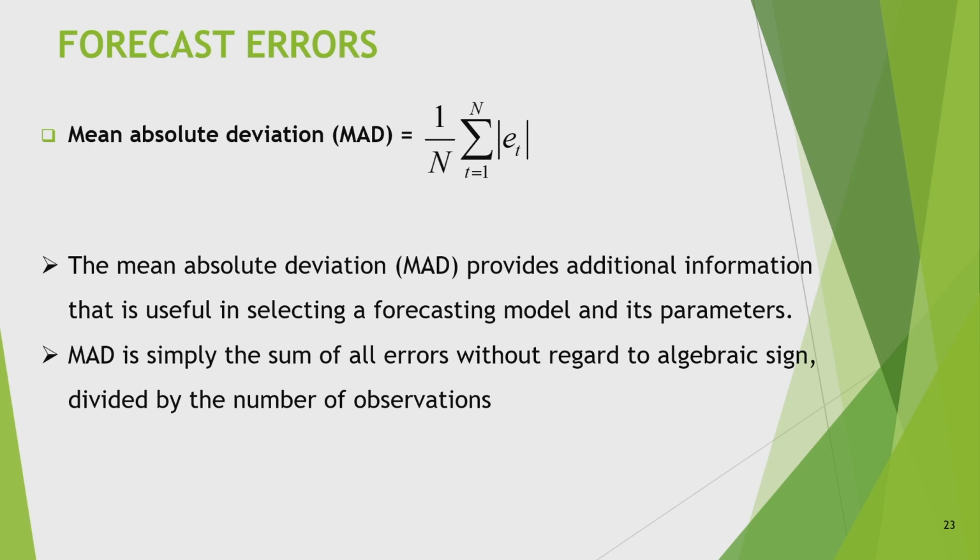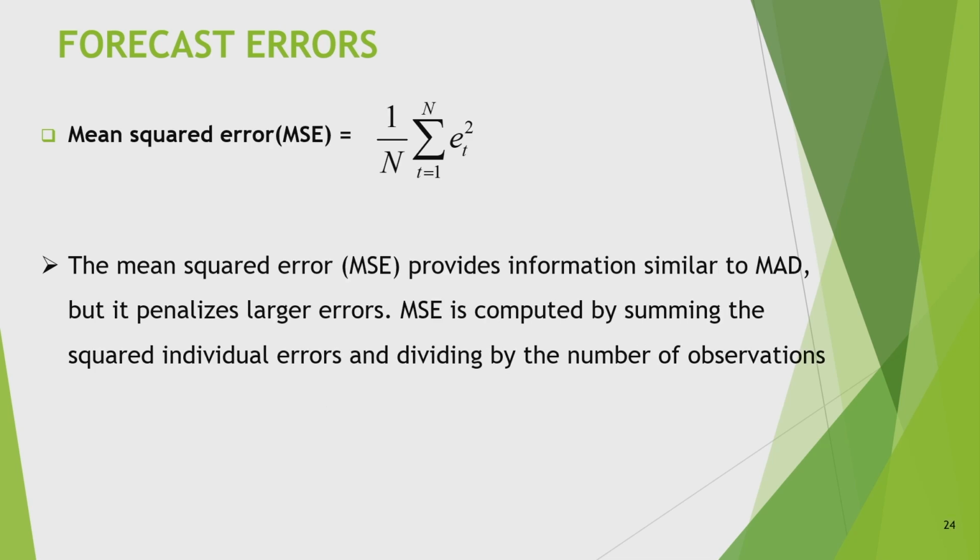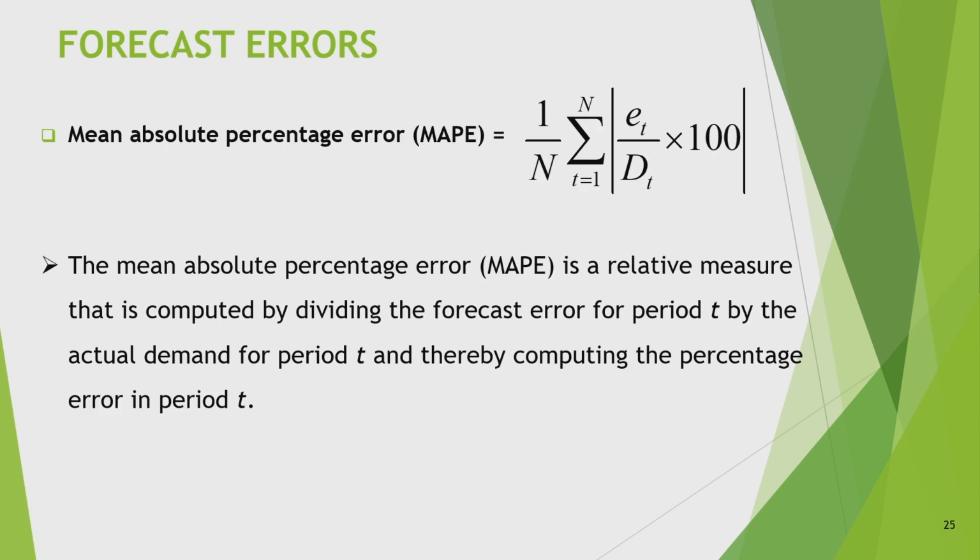MAD is simply the sum of all errors without regard to algebraic sign divided by the number of observations. Mean squared error will be 1 by n, sigma t equal to 1 to n of E(t) squared. The mean squared error provides information similar to MAD, but it penalizes large errors. So, MSE is computed by summing the squared individual errors and dividing by the number of observations.